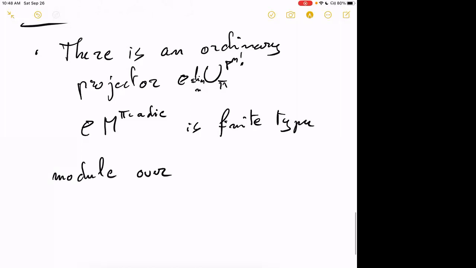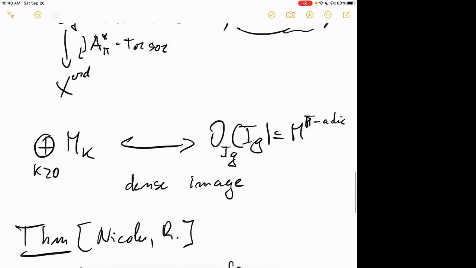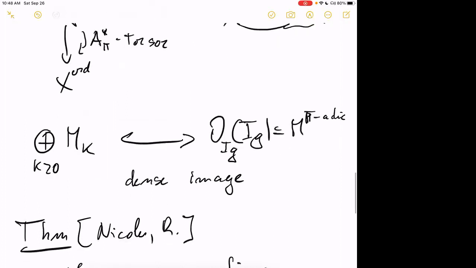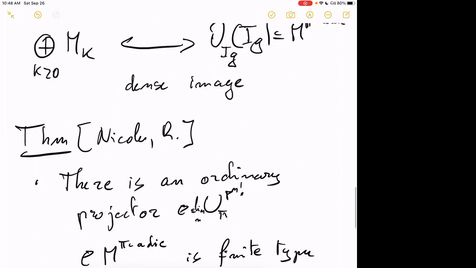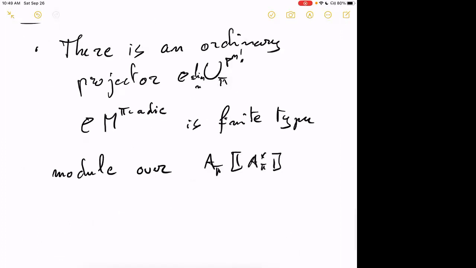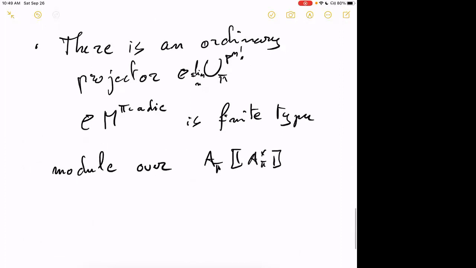over the Iwasawa algebra of A_pi star. Indeed, because over this space M pi-adic, I have an action of A_pi star, and so I have my nice torsor. And this action commutes with the Hecke operator, so I have an action there. And the good thing is that this module is of finite type over this algebra.